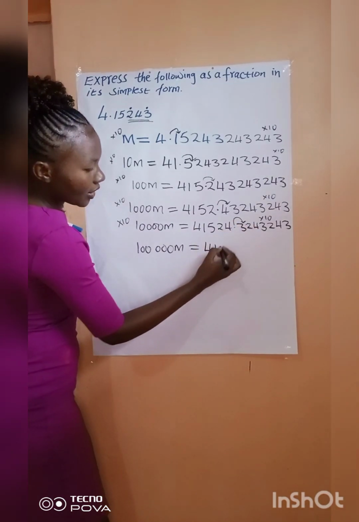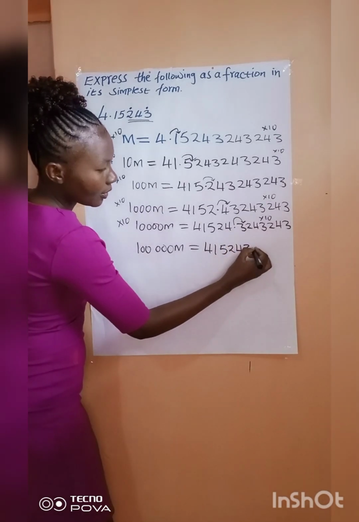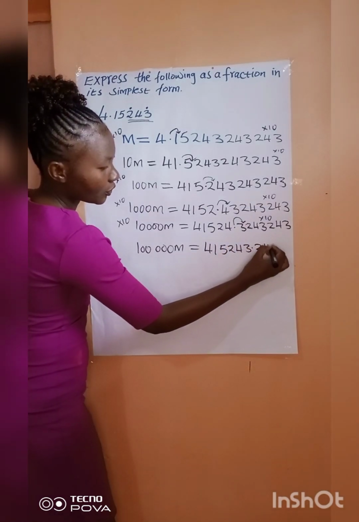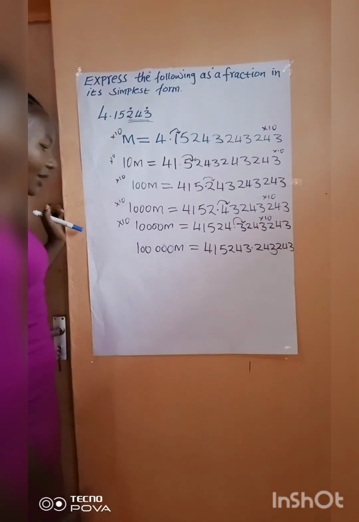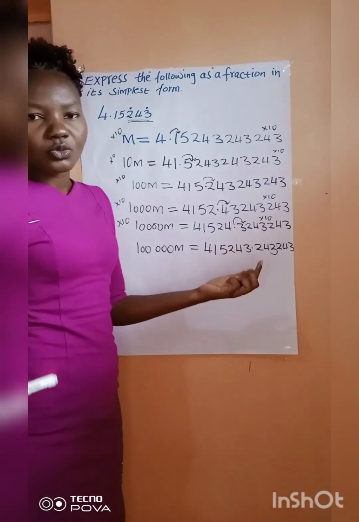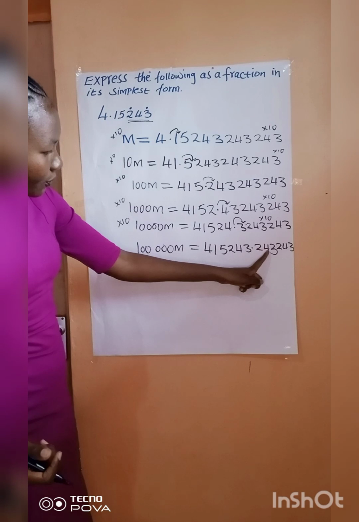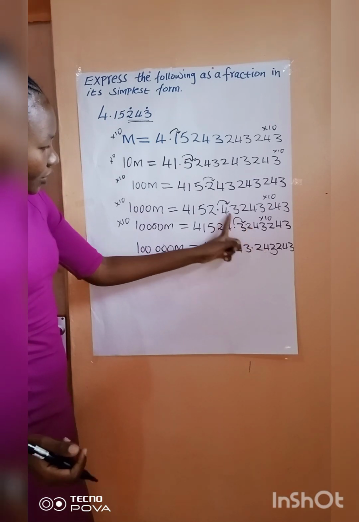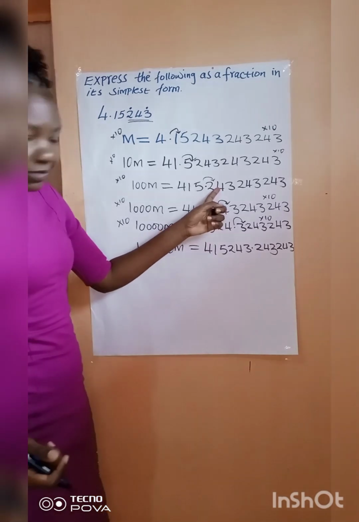41524.3243243. Okay, let me compare my number with all these and see if I'm going to get the number which I'm looking for. So after the decimal, I have 24, I have 32, I have 43, I have 24. Wow, I've gotten my number.